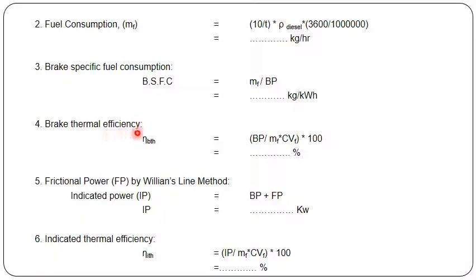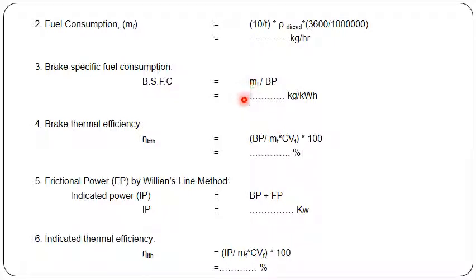Another important performance parameter is the brake thermal efficiency, which is output by input. Output in this case is brake power, divided by input, which is mass of fuel into calorific value of the fuel, that is the total heat input. This gives us the value of brake thermal efficiency, and this value should be higher.